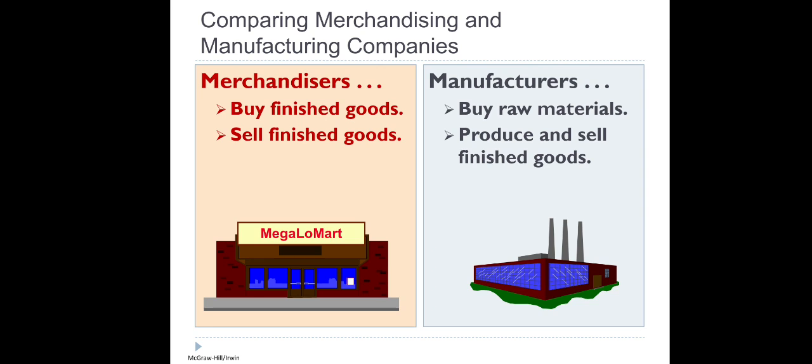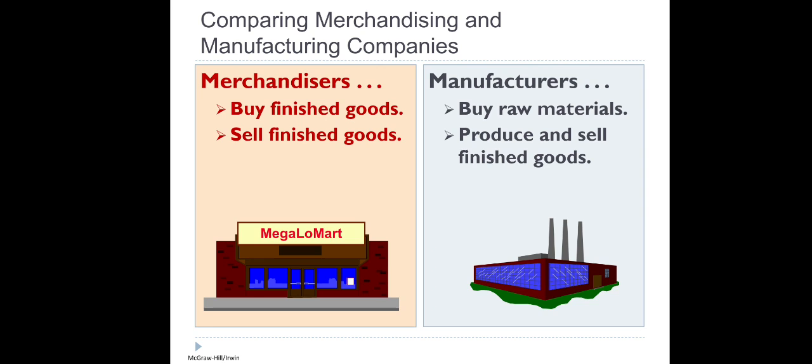Okay, this is like a revision for you. Like I said earlier, when you learn about management accounting, most of the time the focus is on manufacturing businesses. Why? Because manufacturing businesses produce something, and you will learn about the costs related to the production process.